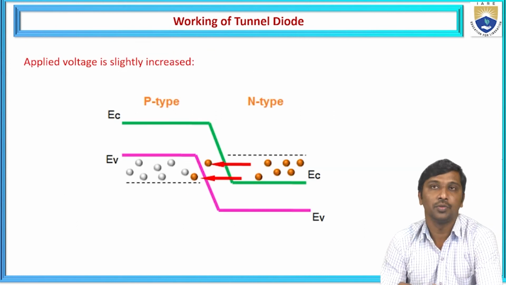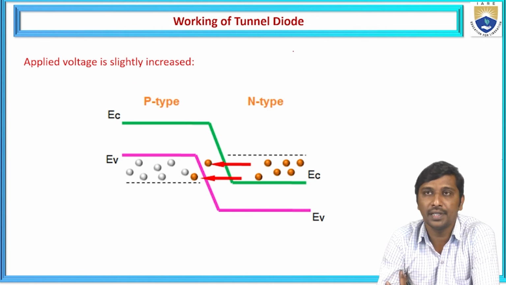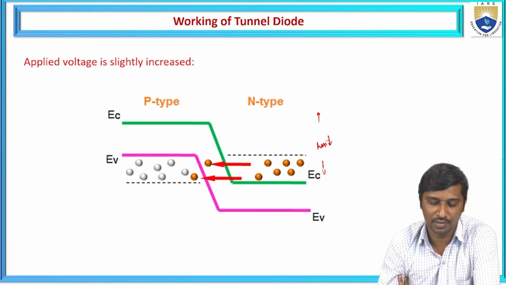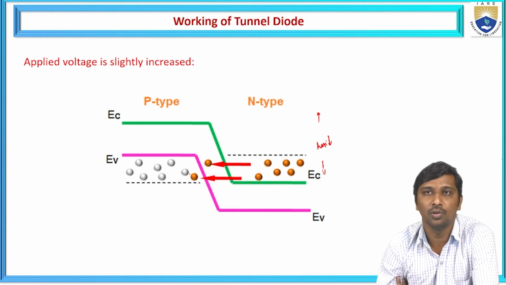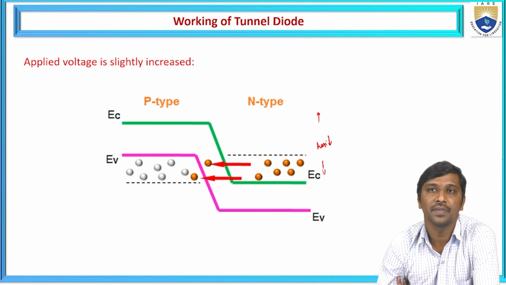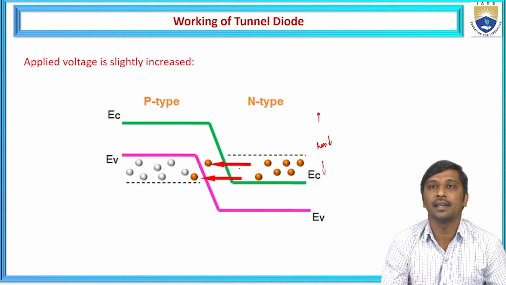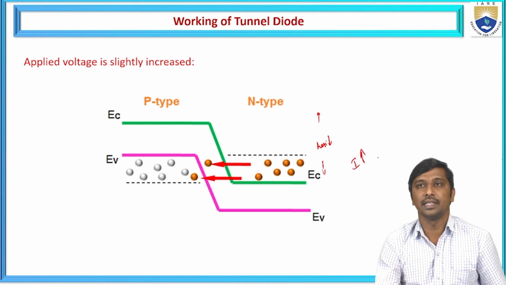Then I am going to increase the applied voltage further. If the forward voltage increases, the potential barrier height reduces. Under this condition, we have more free valence holes and conduction charge carriers, so more force is applied, the diffusion rate of the charge carrier concentration increases, and hence the conduction rate also increases.